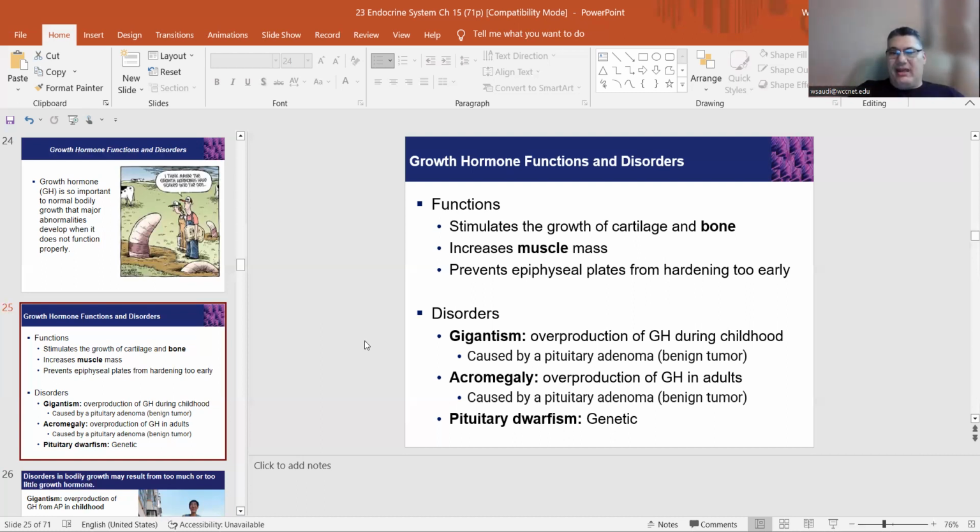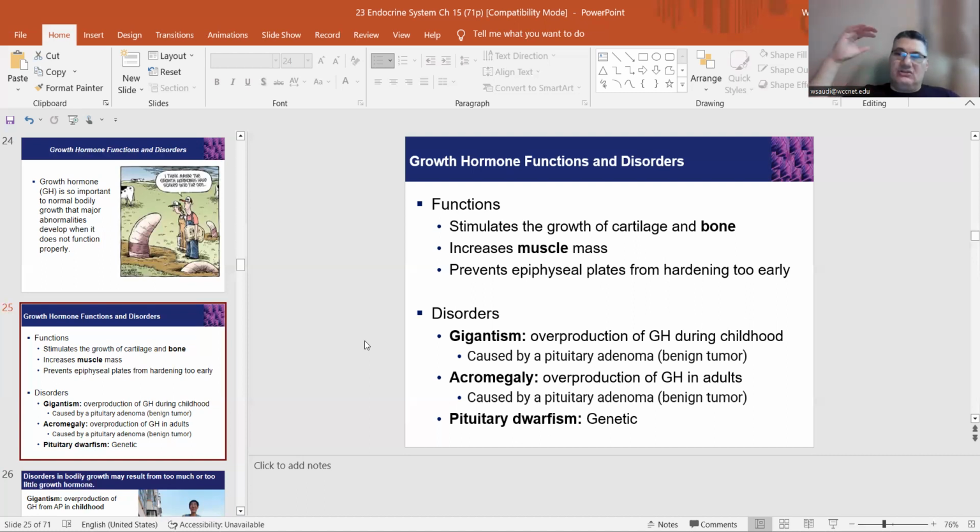There are some abnormalities that can happen from overproduction or underproduction. I would say this is kind of too much, but if you are interested to know, if this is a child that's secreting too much growth hormone, growth hormone should stimulate the body to grow in a regulated manner, like you grow this much per year.